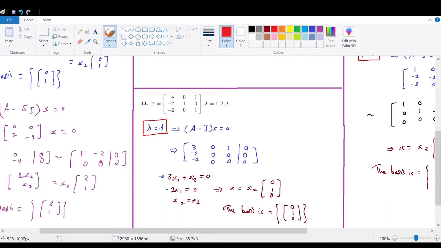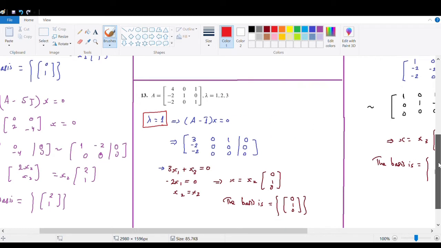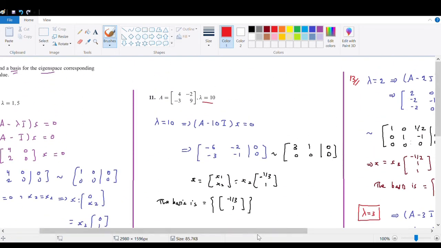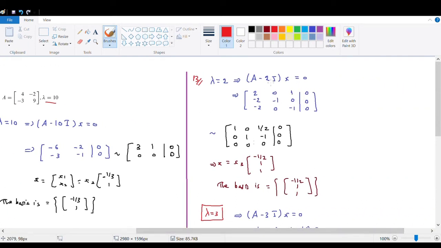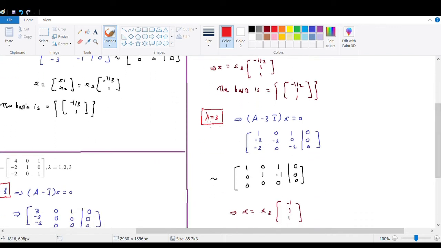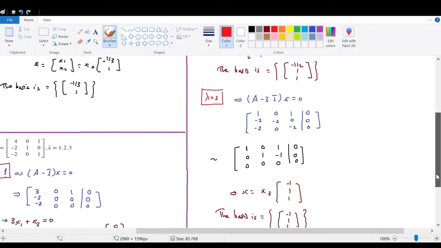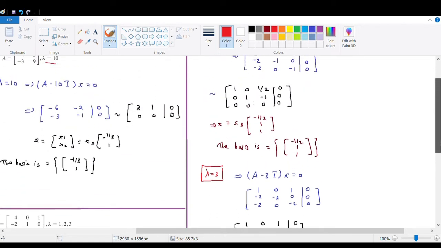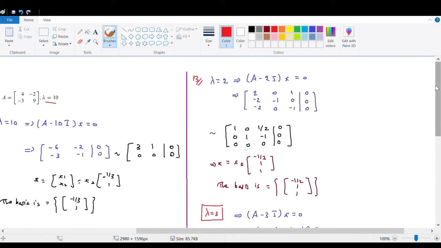First, we find the corresponding vector when lambda is equal to 1. Then, when lambda is equal to 2, we do the same thing, just changing lambda. And lastly, when lambda is equal to 3, we find A minus 3I multiplied by x is equal to 0. Here we get the vector which represents the basis for the eigenspace.